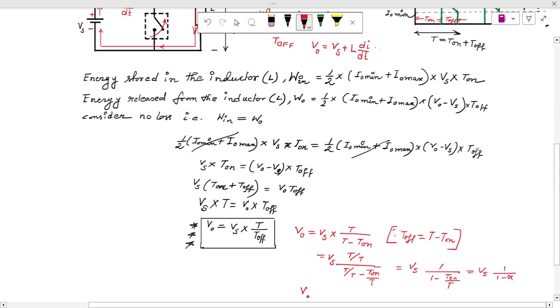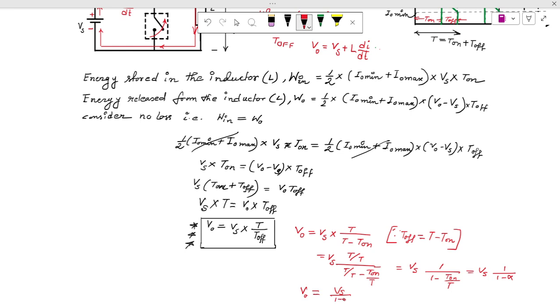So we can write V naught is equal to Vs by 1 minus alpha.